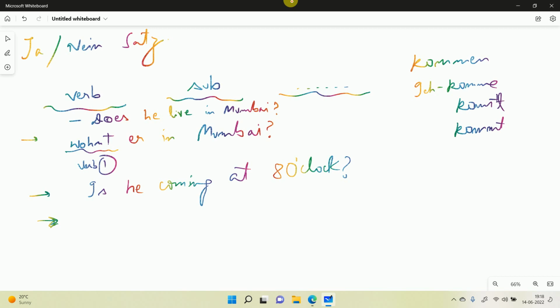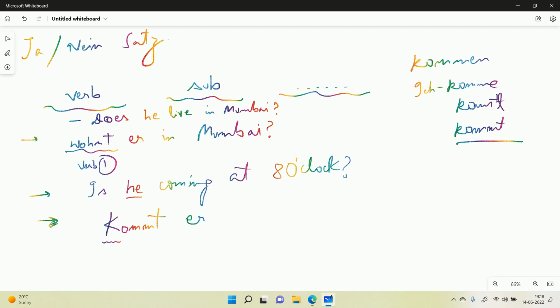First of all, just recall that this is a question, the Ja, Nein Satz, wherein you are expected to give an answer yes or no. So straight away, the first word should be the verb, and because it is he, the third form, which will be kommt, will be used. So it becomes kommt. Now again, because it is the first word of the sentence, K has to be capitalized.